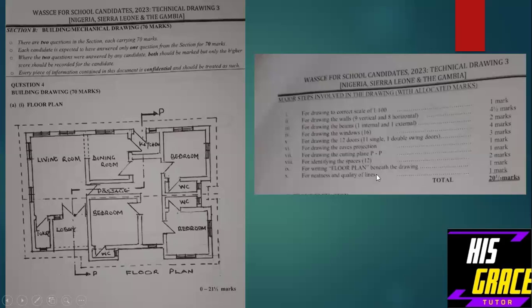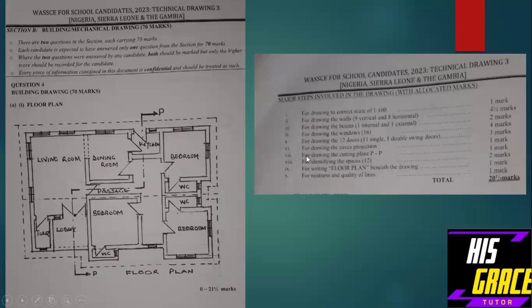Very, very important. Then for identifying the spaces, that is labeling or writing the use of each compartment: here we have living room, dining room, kitchen, bedroom, WC, bedroom, passage, lobby, toilet, and WC.